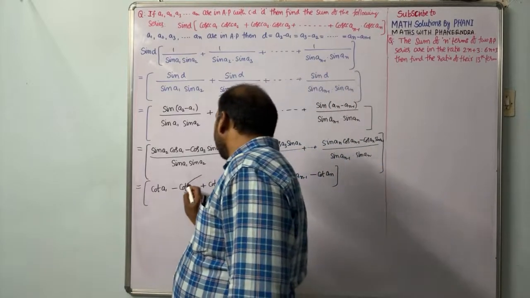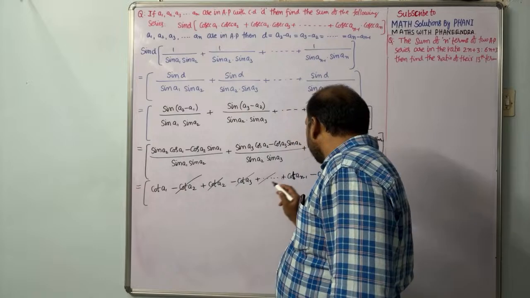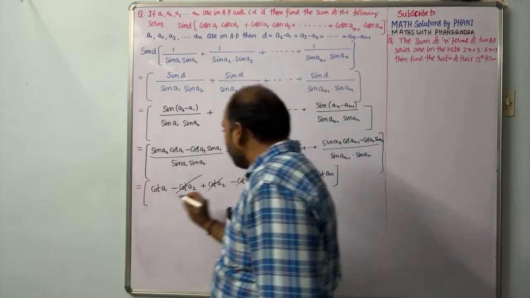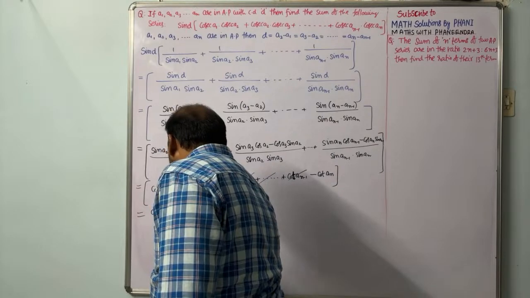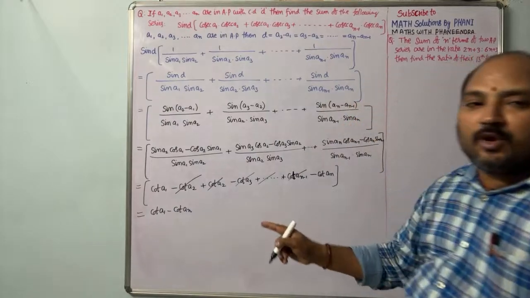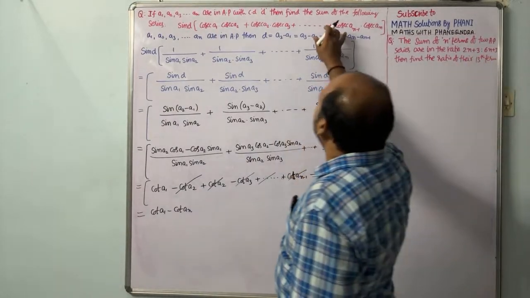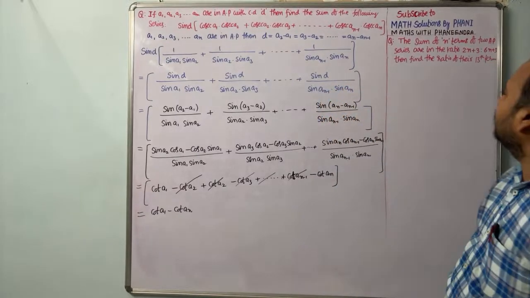So these two will be cancelled like this, minus cot A3, here also cot A3, all cancelled except the first and last. So cot A1 minus cot An. Okay dear students, are you able to understand all of it? So therefore this value is equal to cot A1 minus cot An.